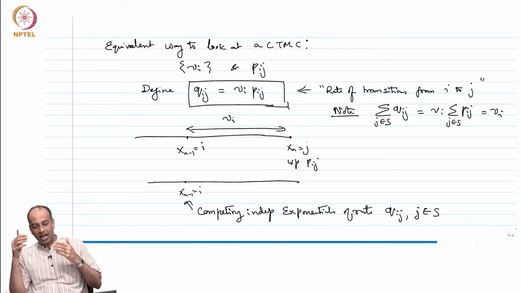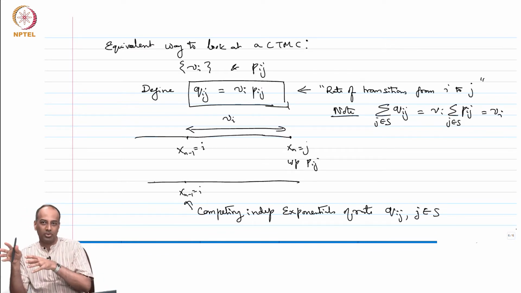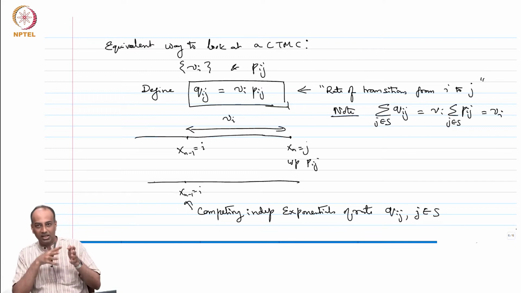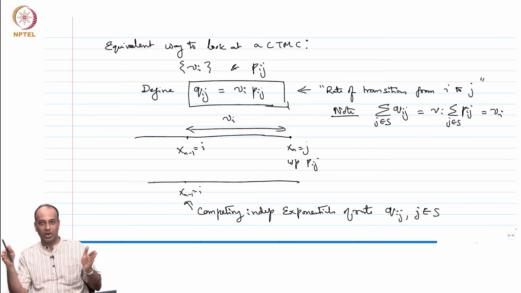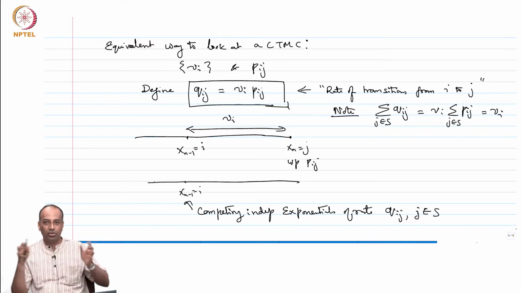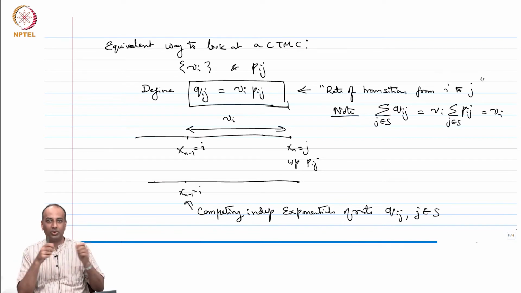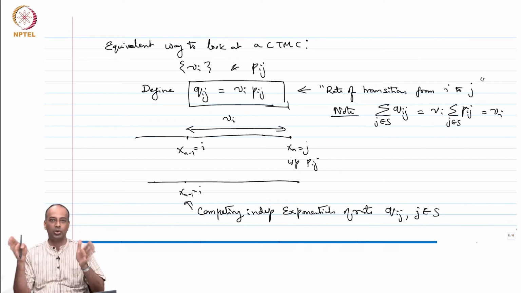So, instead of having an embedded Markov chain with transition probabilities Pik and an exponential holding time of rate nu i, you can forget about the Pij's and just say I have independent competing exponentials of rates Qij, and these Qij sum to nu i.